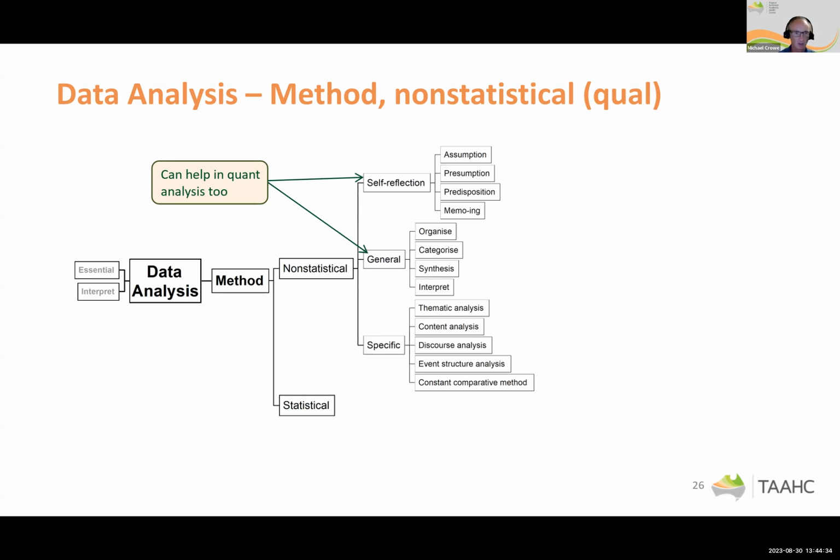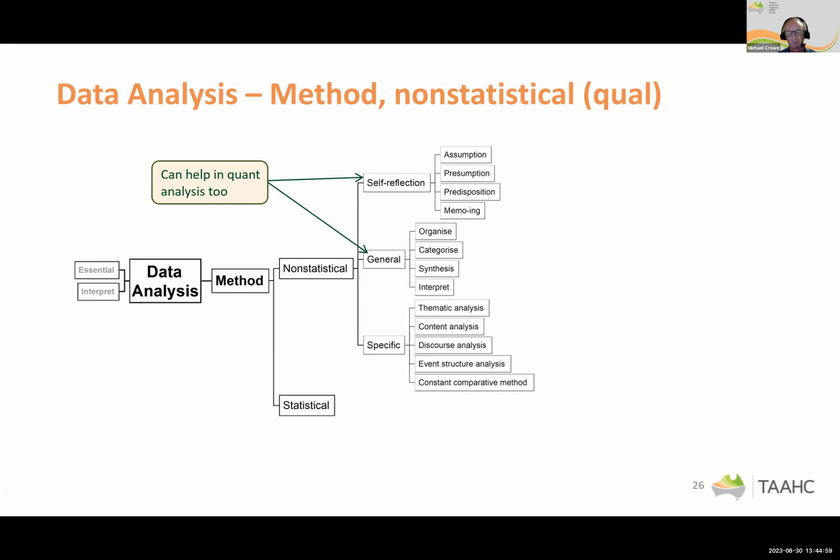Within qualitative, organizing the data, categorizing it, synthesizing it, interpreting it all comes in here. And then there's specific types of data analysis for qualitative, like thematic analysis, which is looking at themes within interviews, and content analysis, which is a part of qualitative.